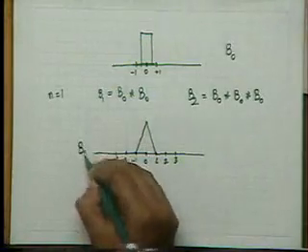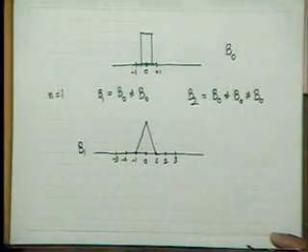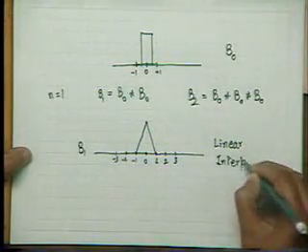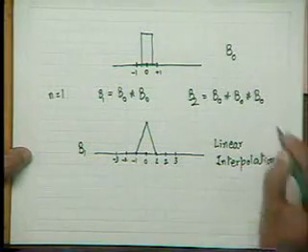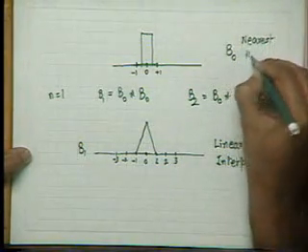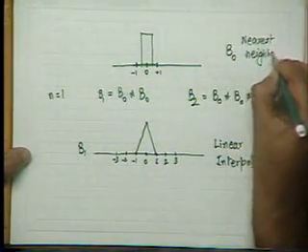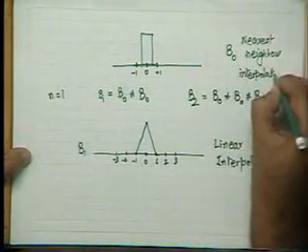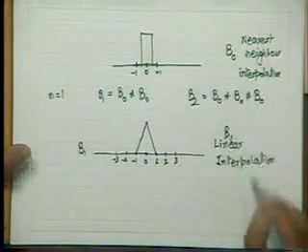So this is the nature of B1, which is the first order spline interpolation, or rather we can call it a linear interpolation. B0 was the nearest neighbor interpolation, whereas B1 is the linear interpolation.